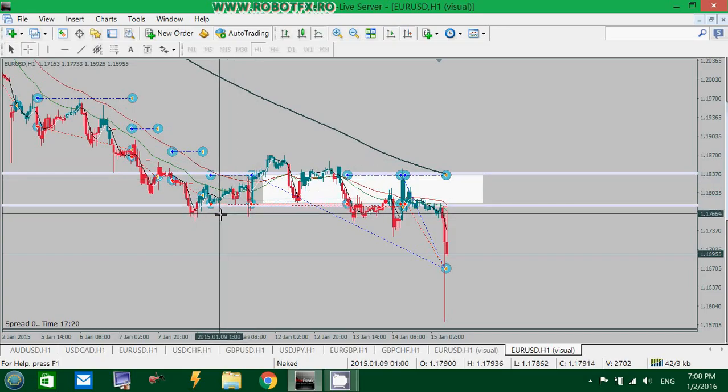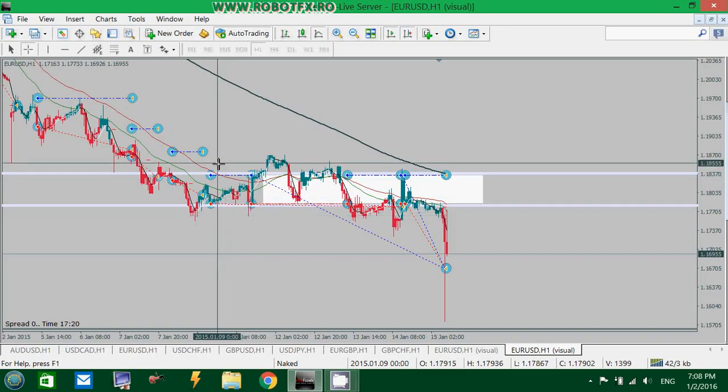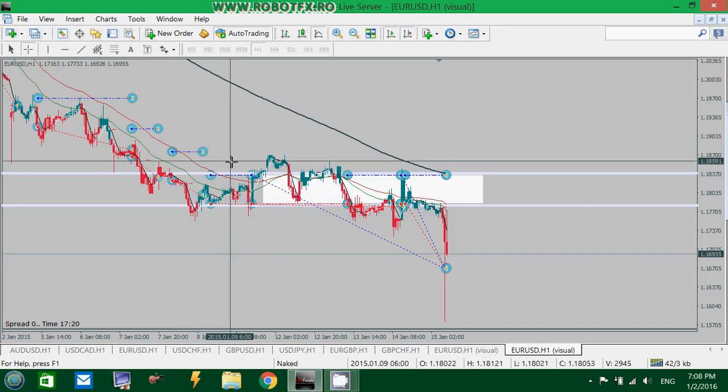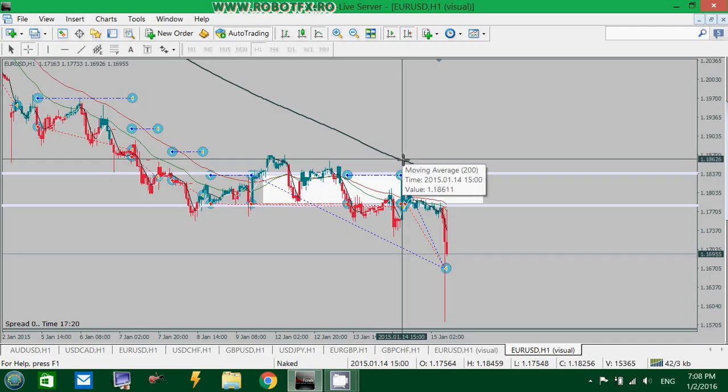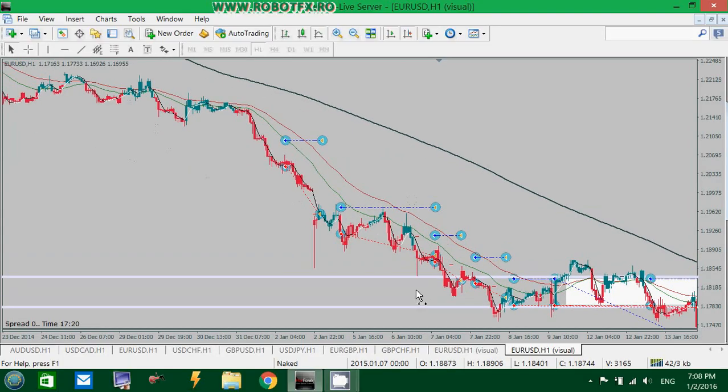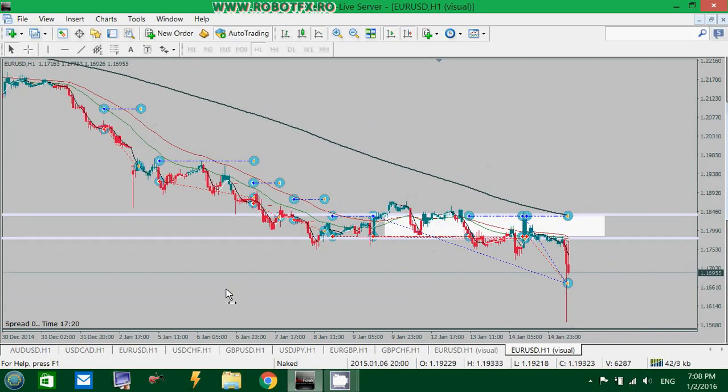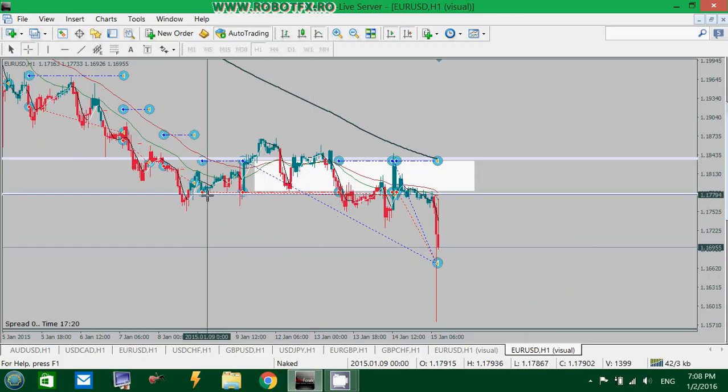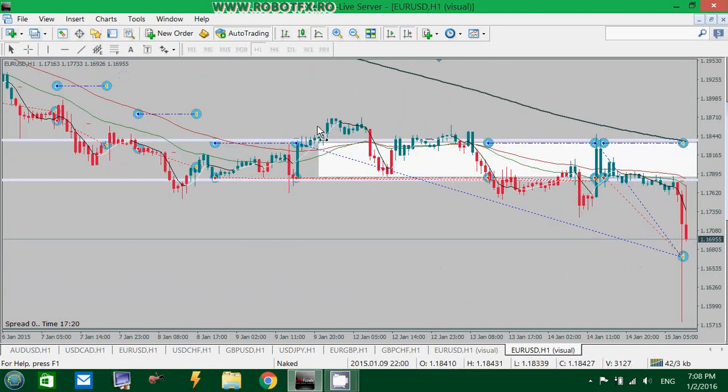Nobody likes to trade, or I don't like to trade at least, consolidation zones. One reason is we don't know if the price will break up or down. So that's why personally I like to trade with the trend, always. But I got stuck here and the price went against me enough to open the opposite trade.